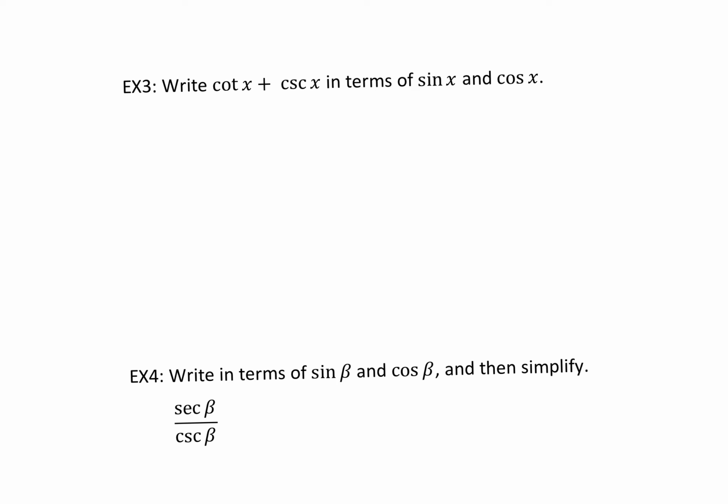So let me rewrite this expression, the cotangent of x plus the cosecant of x. So cotangent is cosine over sine, and cosecant is 1 over sine.